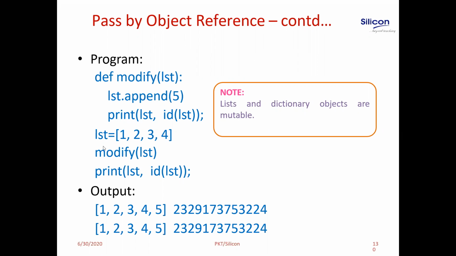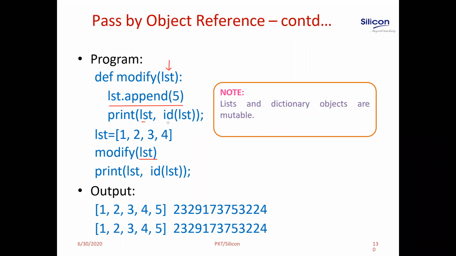So now I have a list, and I am passing this list over here. The list items are 1, 2, 3, 4. The list which I have passed is received over here, correct? Now you see I have made some changes to this list: I have added 5.